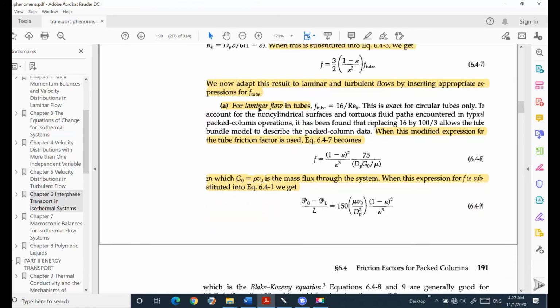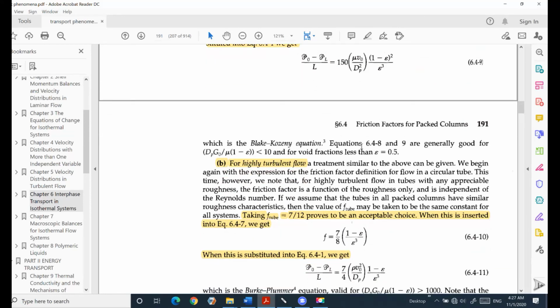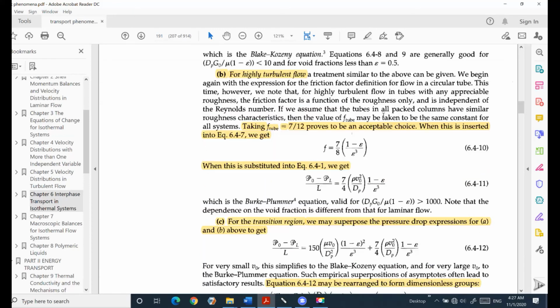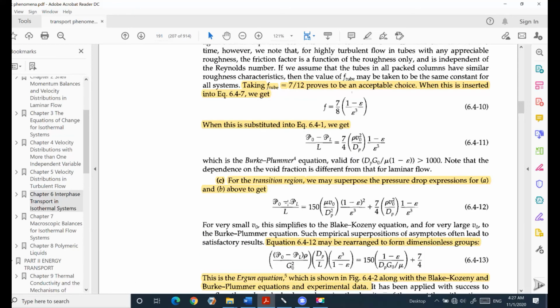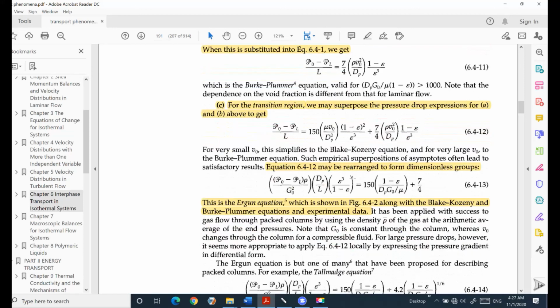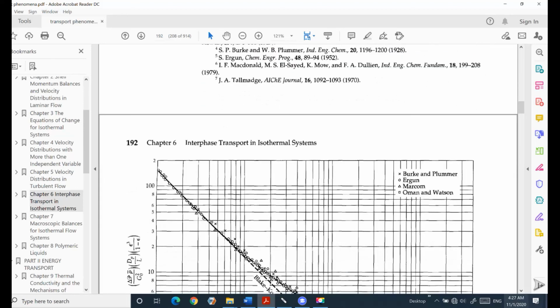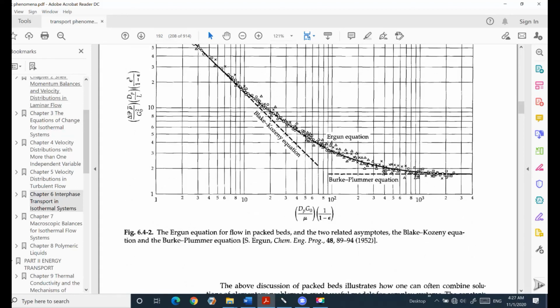The first is laminar flow in the tubes, and the second was highly turbulent flow. We calculated the pressure drops for these cases. For case 3, we calculated the transition region, the combination of A and B, and we obtained the pressure drop in the transition region by this formula. We rearranged this formula, and we finally obtained the Ergun equation from this section.